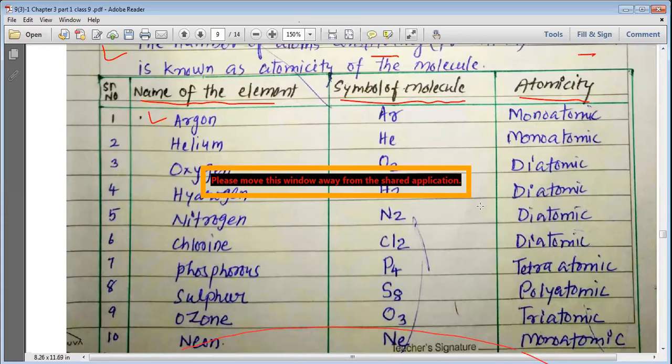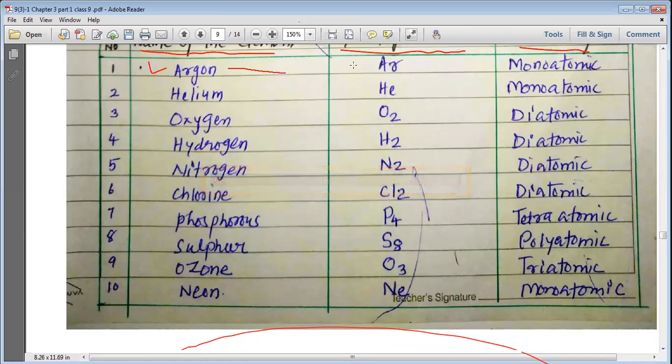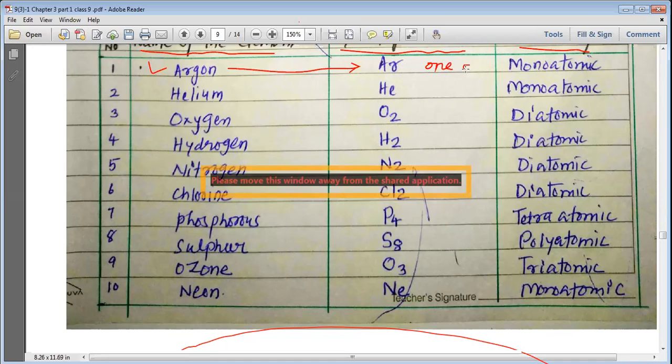The first element that we have is argon. You can see that argon makes the molecule Ar, which means only one atom is present in the molecule. One means mono, so it is monoatomic.